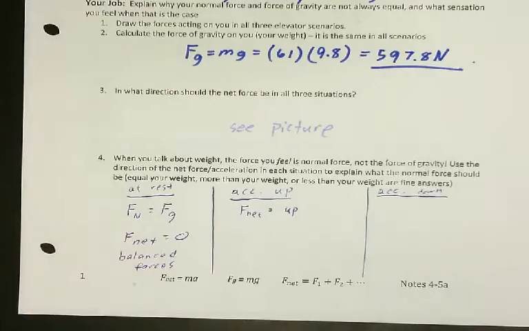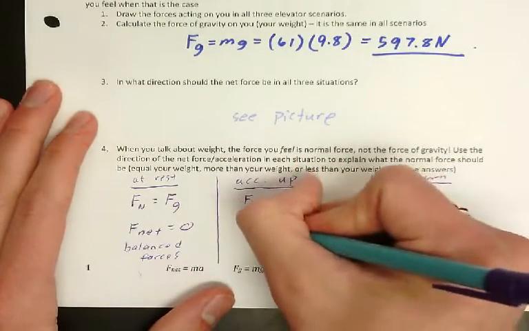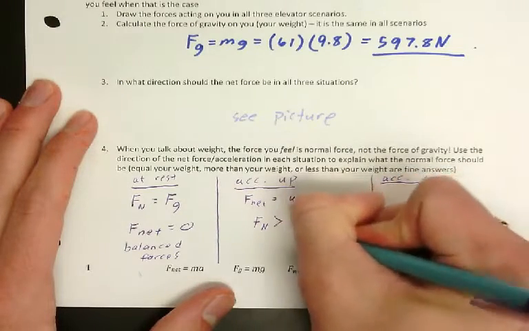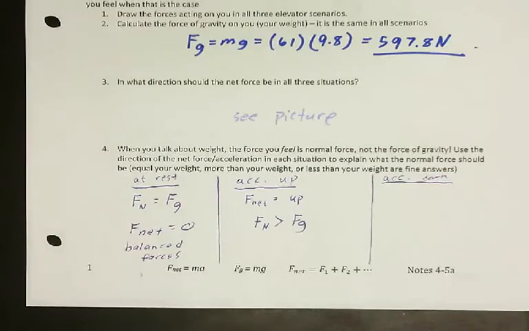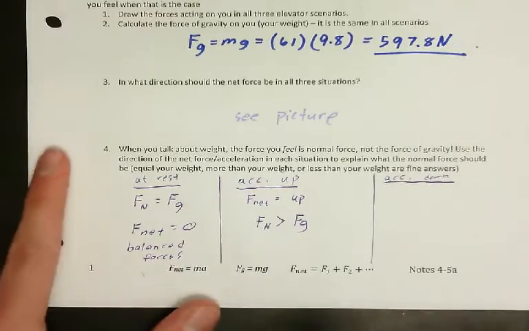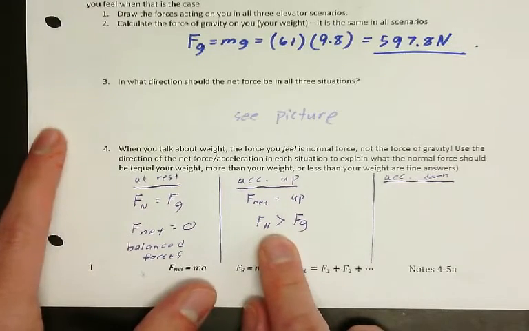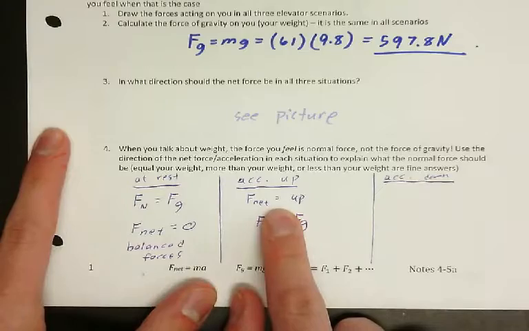Hayden? More. Why? So he's right. The normal force should be more than gravity. The reason why it should be more is because the net force is up.